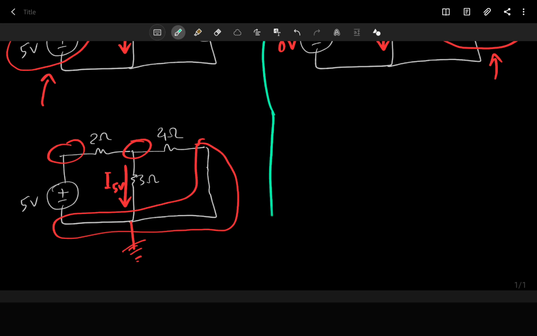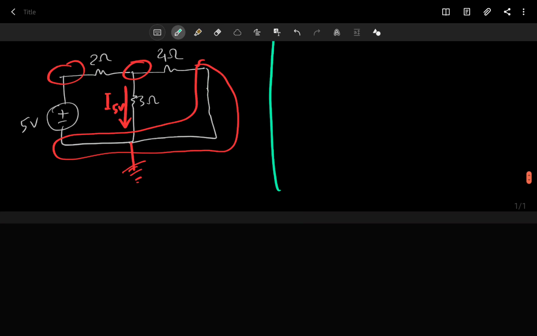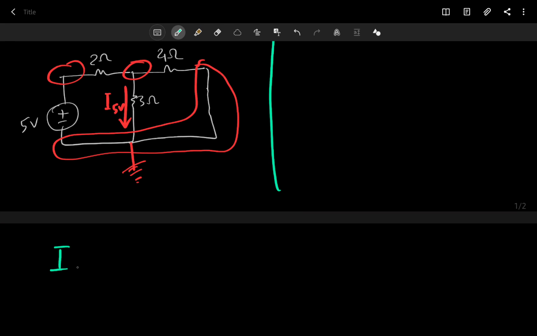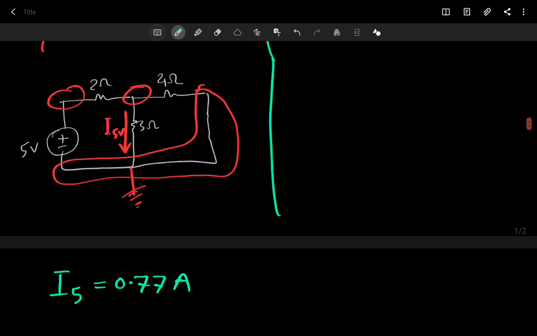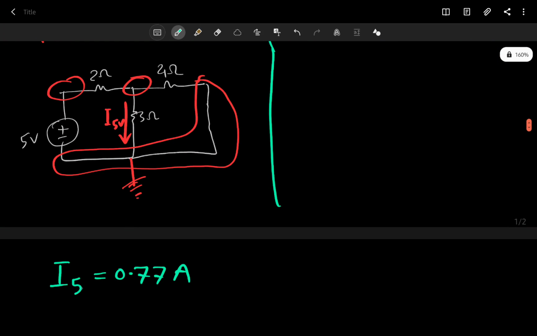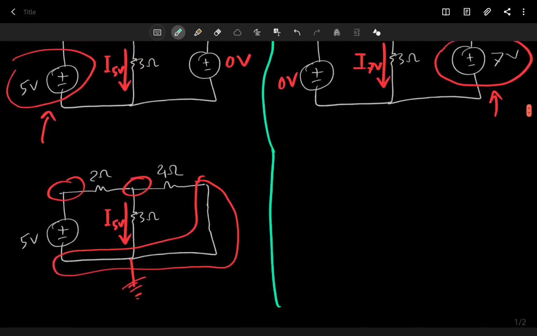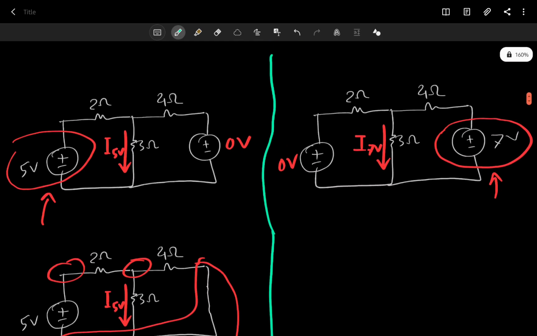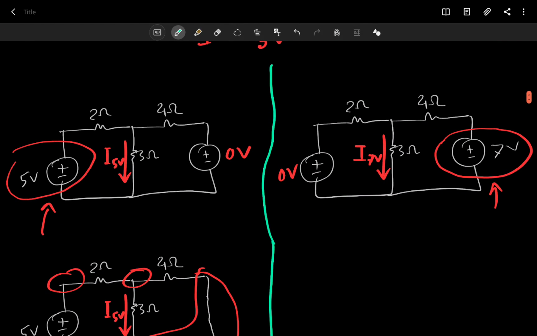Okay, and if you do the calculation, you will get I 5 volt equals 0.77 amperes. That's the left side. That's just the component from the 5-volt source. And now we have to do the same thing again for the 7-volt voltage source. Okay, so let's do that.